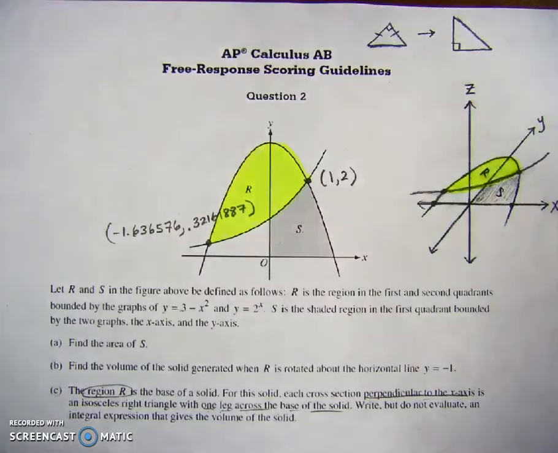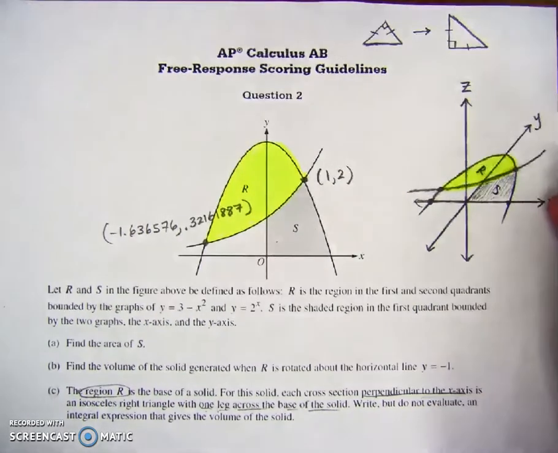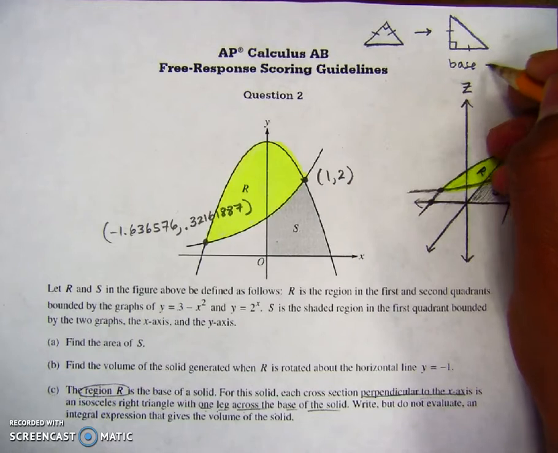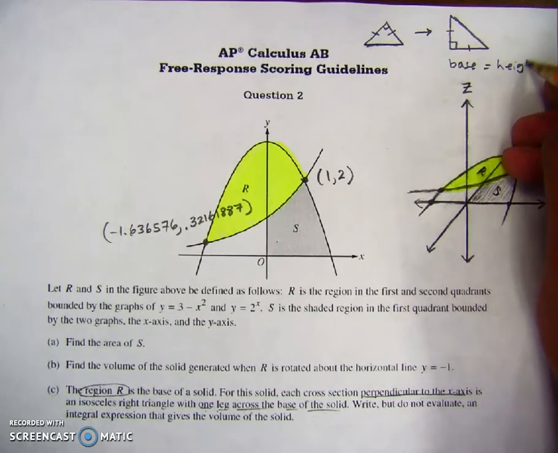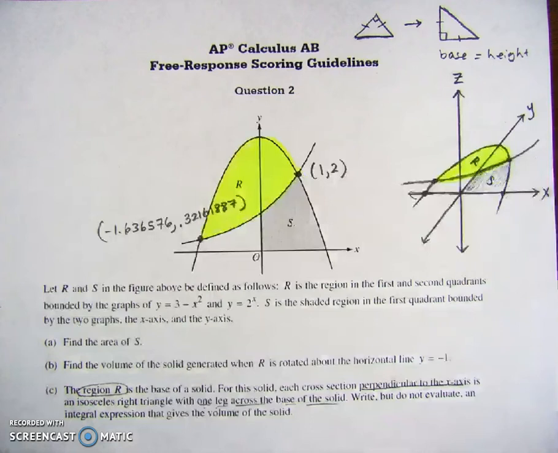And we have something that looks like this, where the base and the height are equal to each other, because those are the congruent sides of your isosceles right triangle.